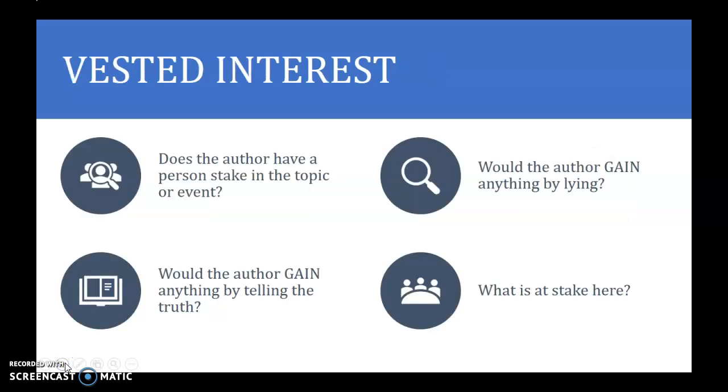V means vested interest. Does this author have a personal stake in the topic or event? This is going to get to bias, okay? Does the author gain anything by lying? A great example of this is the man who produced the debunked publication about vaccines causing autism.